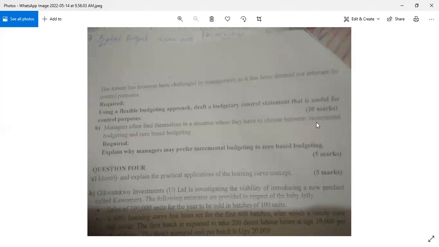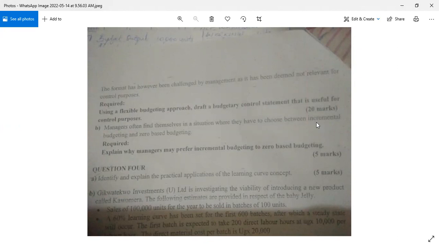Incremental budgeting: the way they prepare it is such that you have a previous budget for the previous period, then you want to prepare a budget for this period. What we do is remove what you call one-off transactions, like maybe you had a construction, maybe you bought a car. Those are one-offs, you don't have to buy a car again, so you remove them.